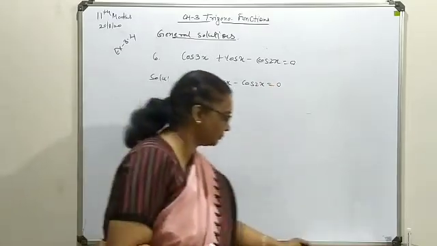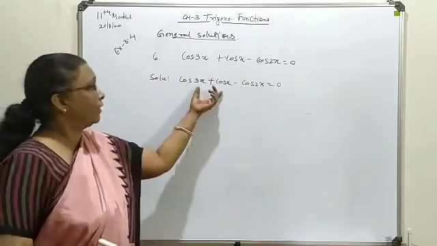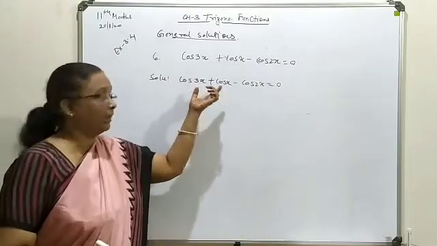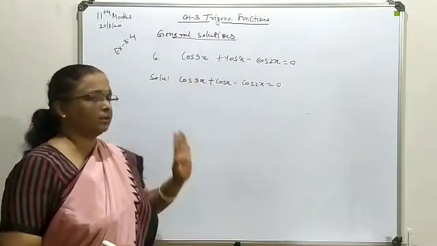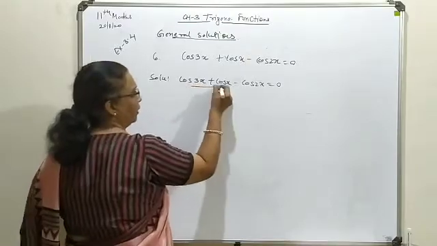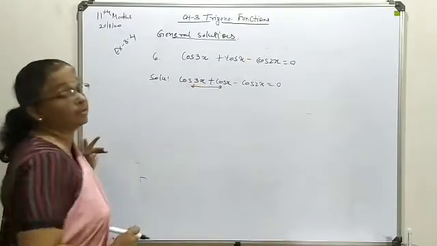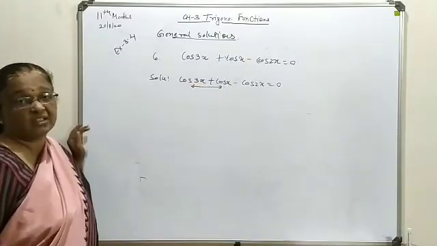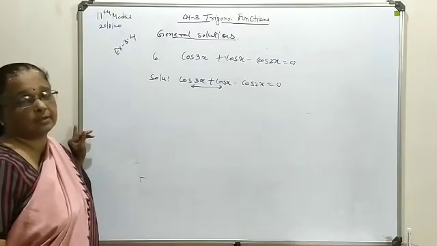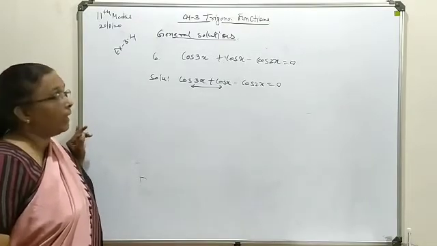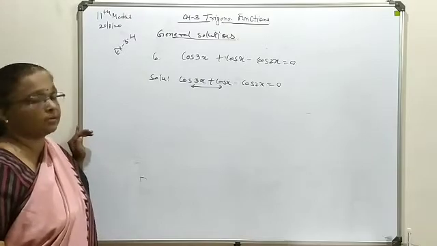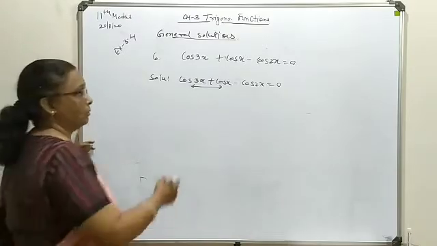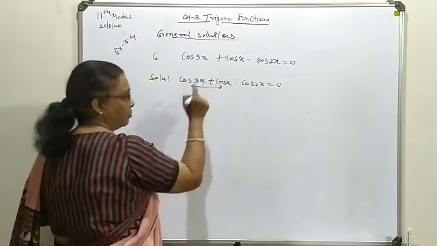Now here, in the first two terms implement the formula for cos x plus cos y. That formula I have also introduced to you. What was that? 2 cos (x plus y)/2 cos (x minus y)/2. Here your x is 3x whereas y is x. So implement the formula between these two terms.